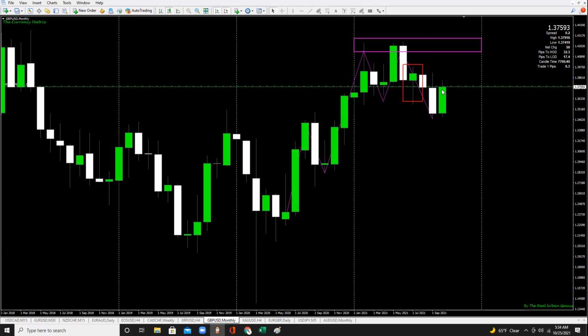look at where we're at now here on the current monthly candle. Although the current monthly candle is bullish, the previous monthly candle is bearish. So just fundamentally speaking, we know the market for pound USD has been in a downtrend.